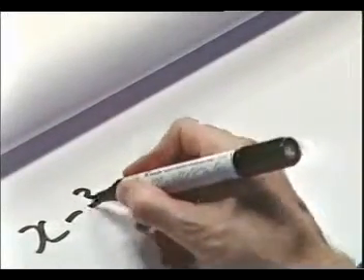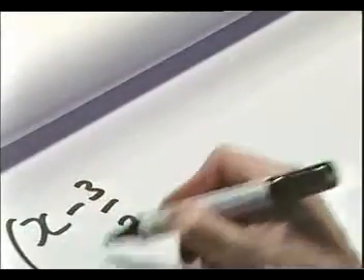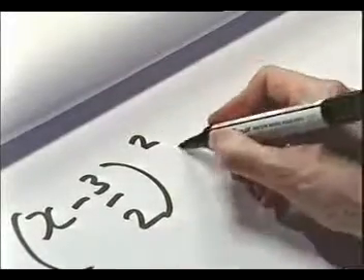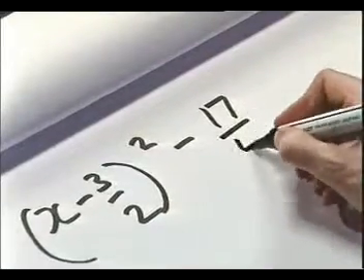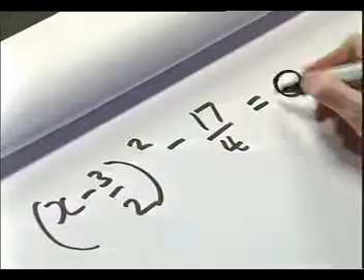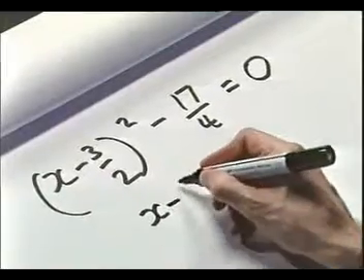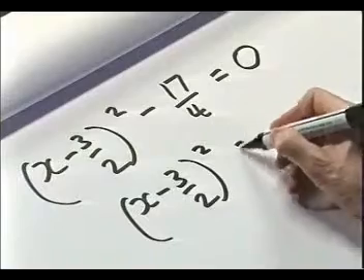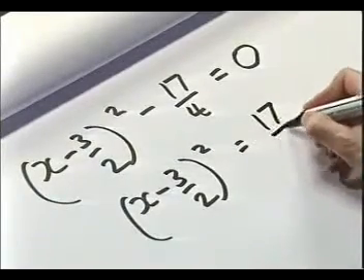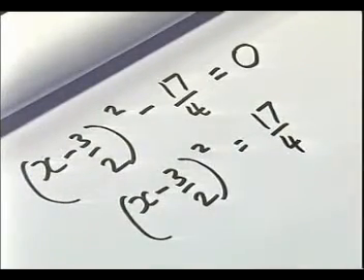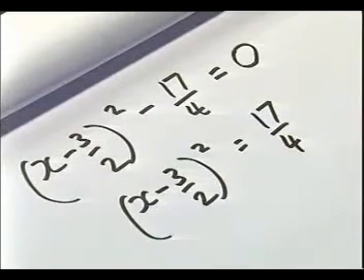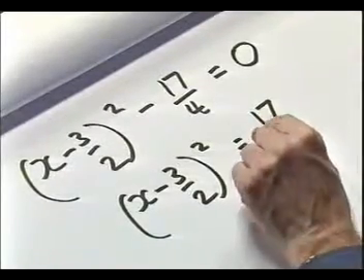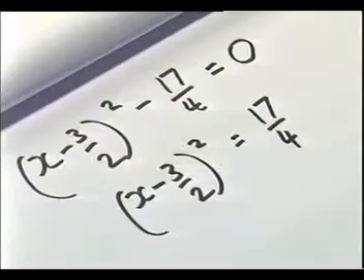x minus 3 over 2 all squared minus 17 over 4 equals 0. Now we're going to add the 17 over 4 to both sides. So we'll have x minus 3 over 2 all squared is equal to 17 over 4. And now I'm going to take the square root of both sides, remembering that I must get plus or minus at this side.